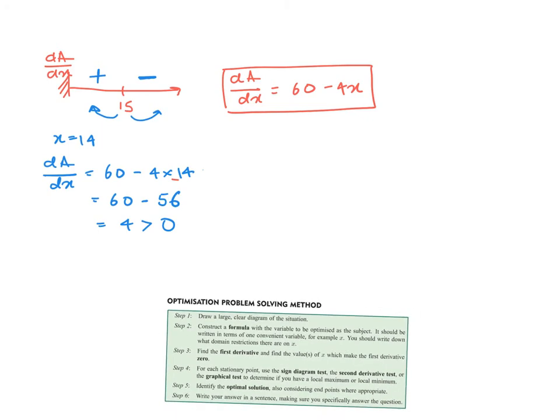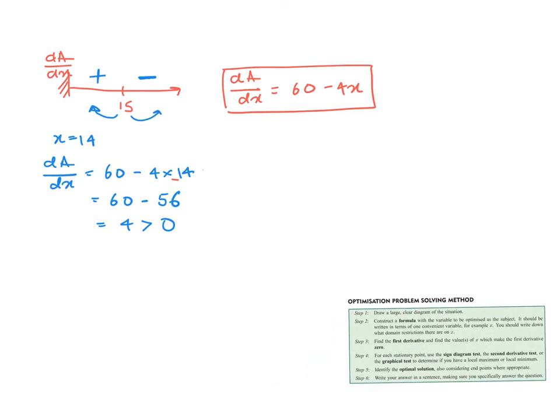I'm going to move this to the side. I'm going to use x is equal to 16. So dA/dx when x is 16 is equal to 60 take away 4 times 16. And at this stage, you don't even have to calculate, you're just looking for the sign.